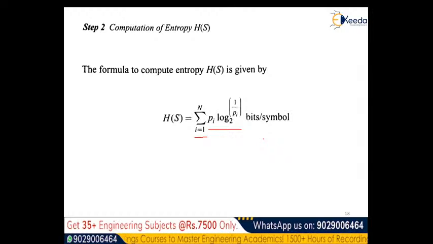This is the formulation to compute the entropy, denoted by capital H. So in the considered image sample of order 2 by 2, there are 2 occurrences of the pixel value 0 and 2 occurrences of the pixel value 1.